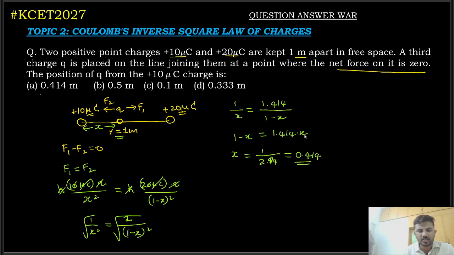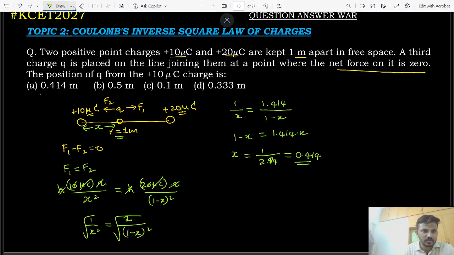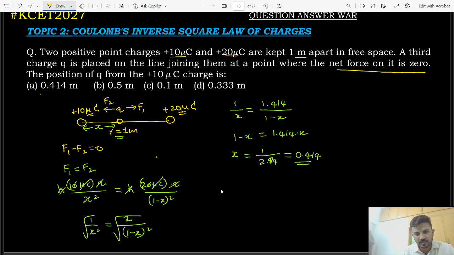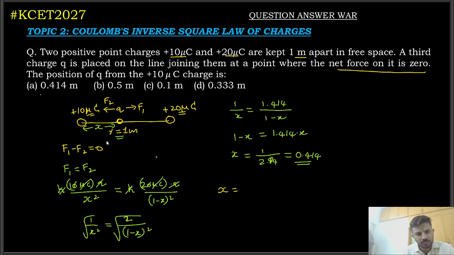There is a direct shortcut formula for this. If two positive charges are given, the shortcut formula that you can use here is x is equal to, let's consider this is q1 and this is q2. If you are taking the x value from q1, then x value is given by square root of q2 by q1.